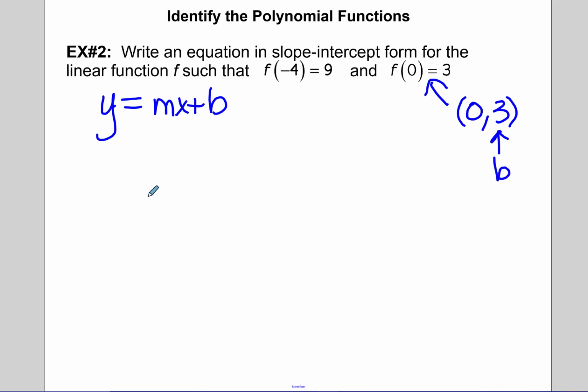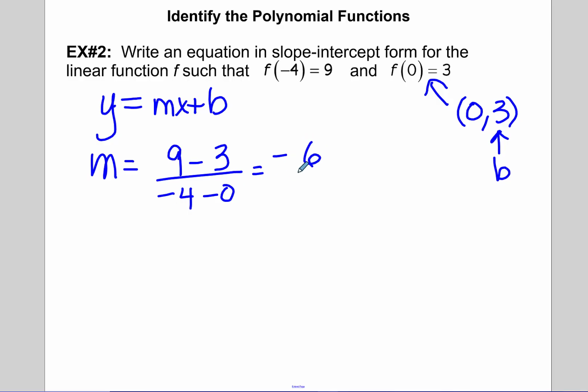So the only thing we don't have is the slope, but we could find the slope. So let's find the slope first by using the change in the y divided by the change in the x. And that's going to give us a negative because the bottom's negative 6/4, or negative 1.5.